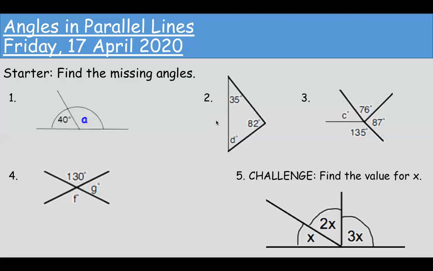Third one, Jared. 62 degrees. What did you do? I added up all the sides, the whole thing is equal to 360. So I added up the rest, it is 298.